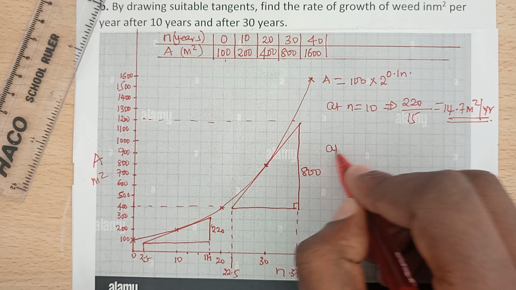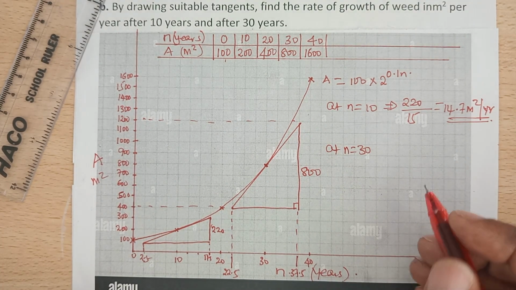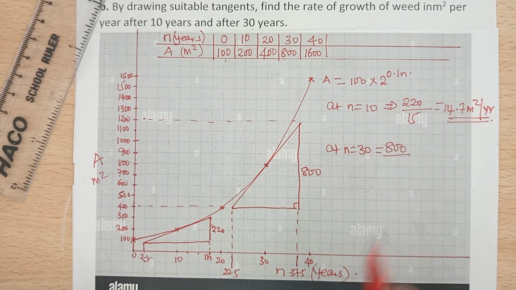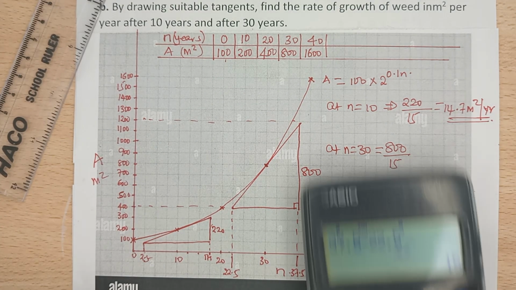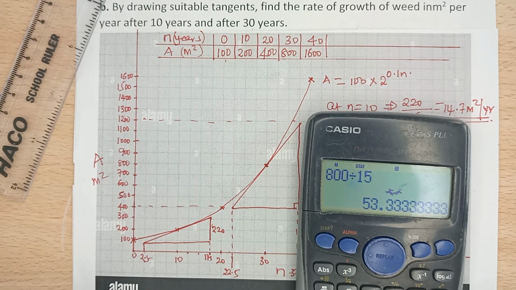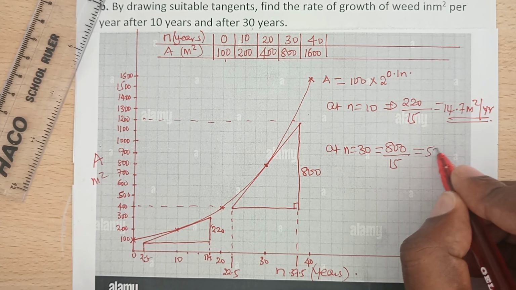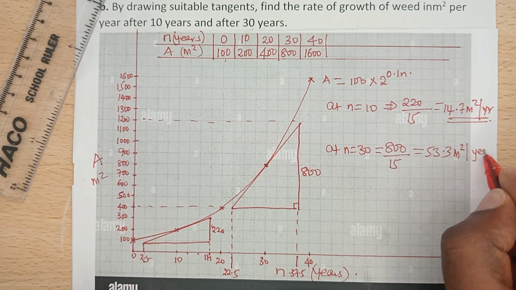So at n equals 30, the rate of growth of the weed equals the rise, which is 800, all over 15. 800 divided by 15, we are going to get 53.3 meters squared per year.